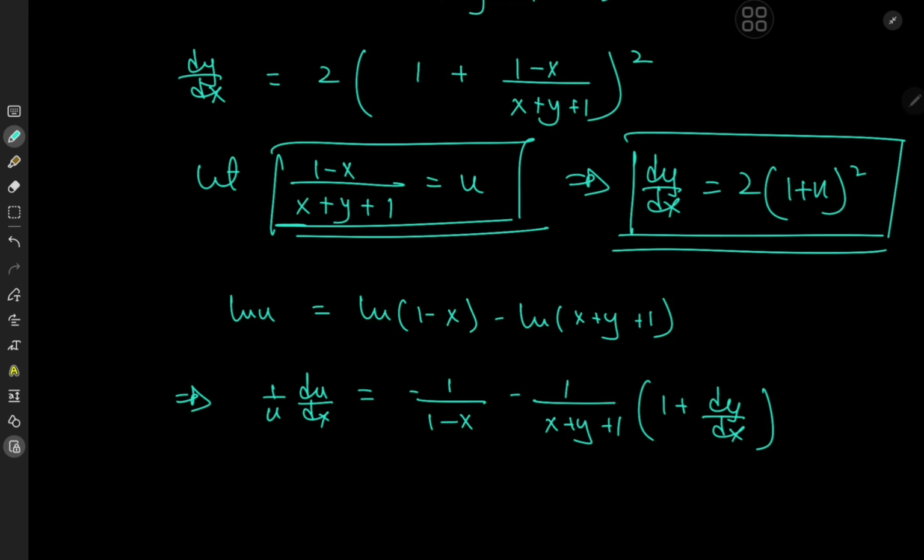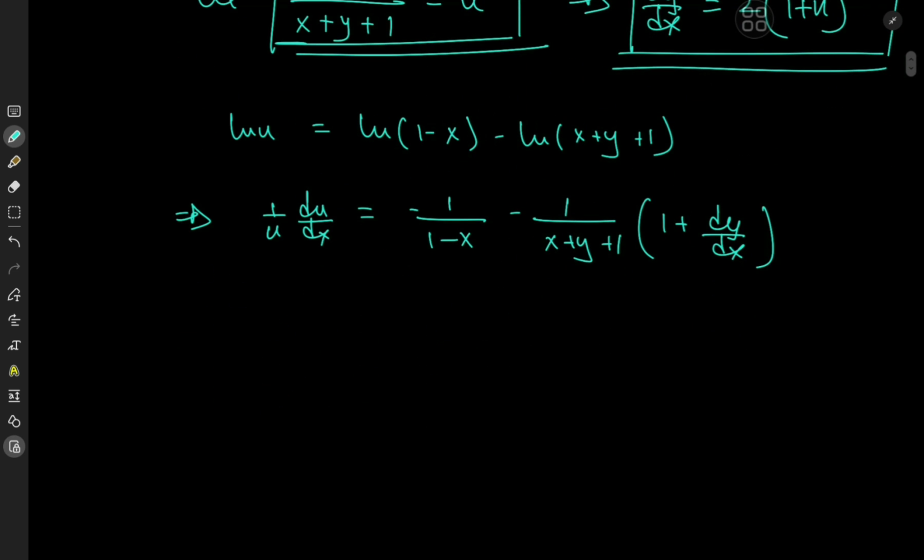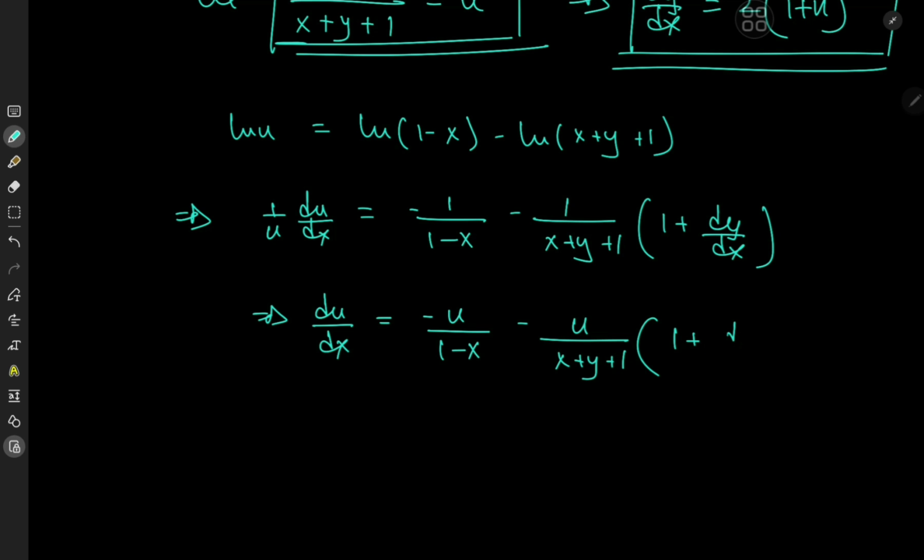Okay, cool. We have the derivative of u on one side and the derivative of y on the other, but still it looks like a mess of variables. Let's expand by u, meaning that we have du/dx equal to negative u/(1 - x) minus u/(x + y + 1) times (1 + dy/dx).